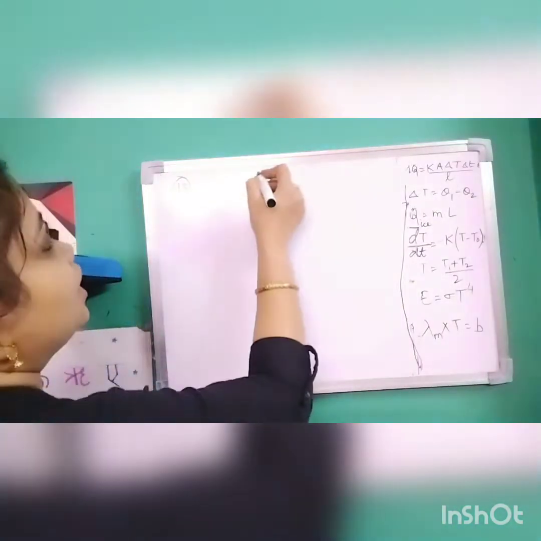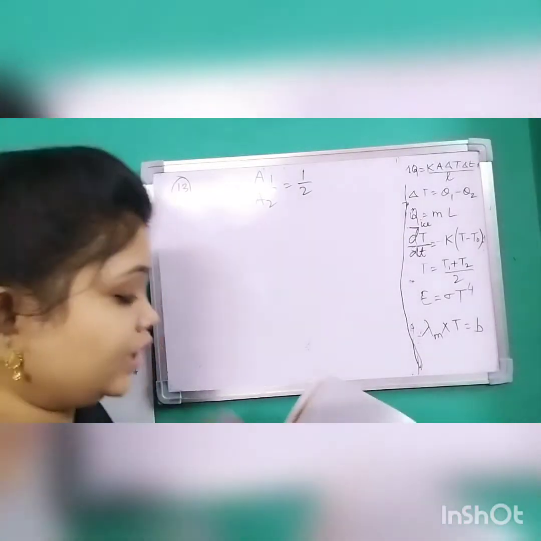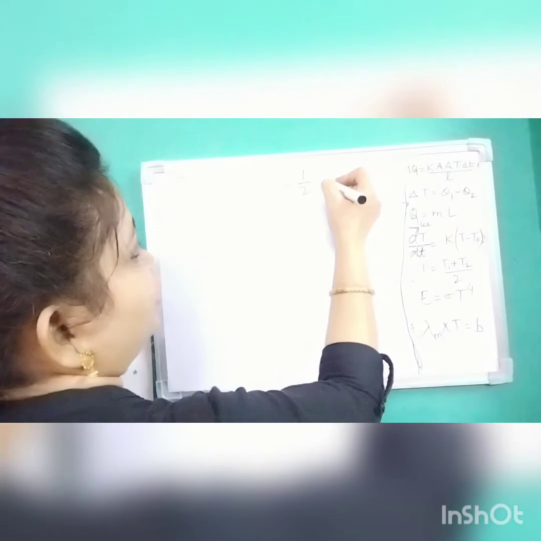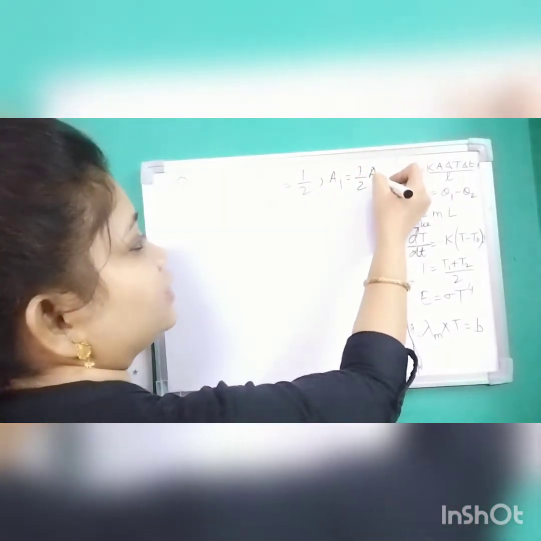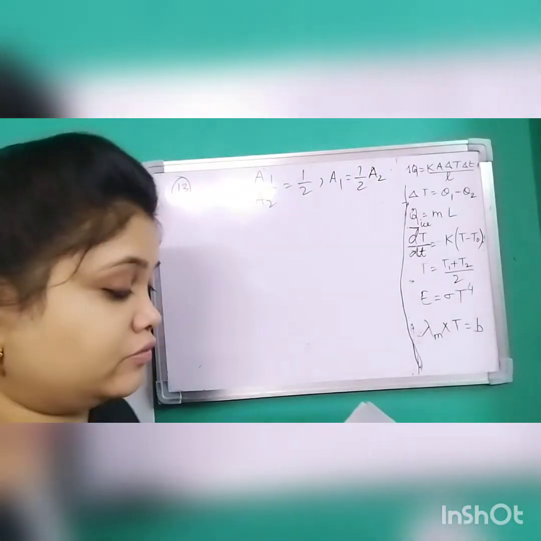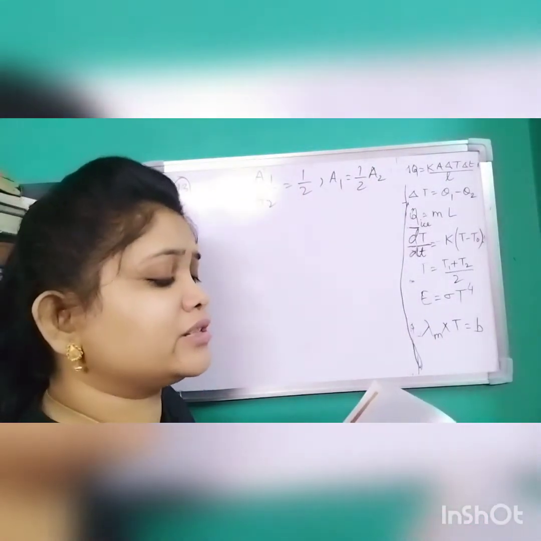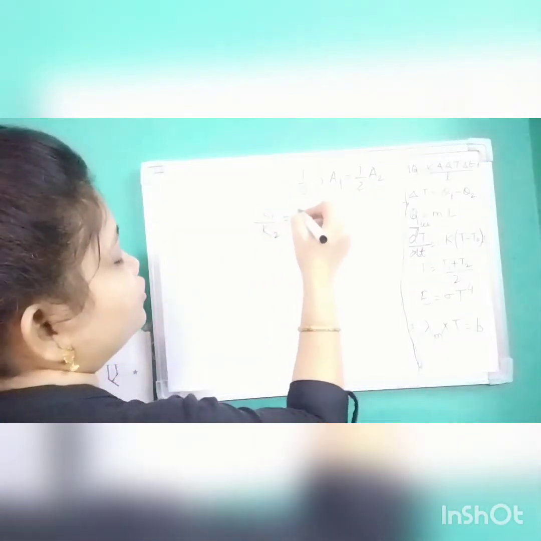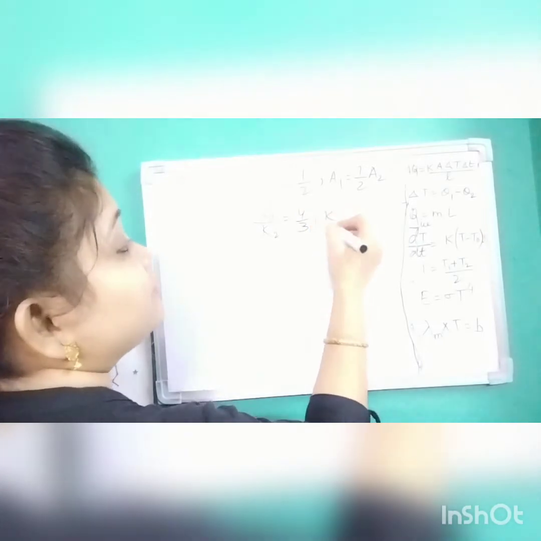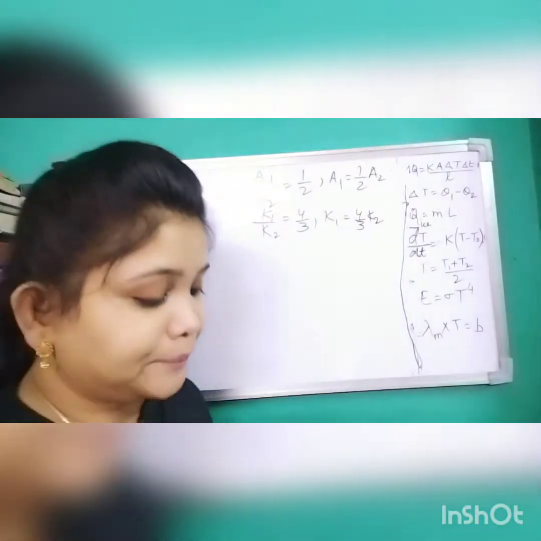That means A1 by A2 is 1 by 2, so A1 will be half A2. And the ratio of the thermal conductivities of the material is 4:3. That means K1 by K2 is equal to 4 by 3, so K1 will be 4 by 3 K2.